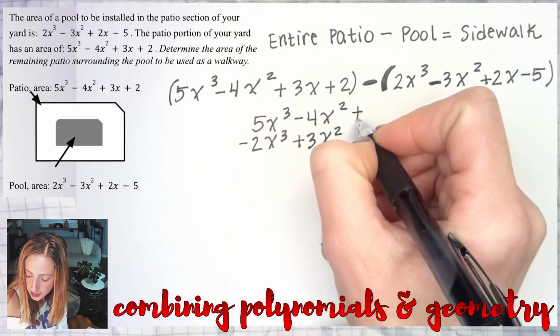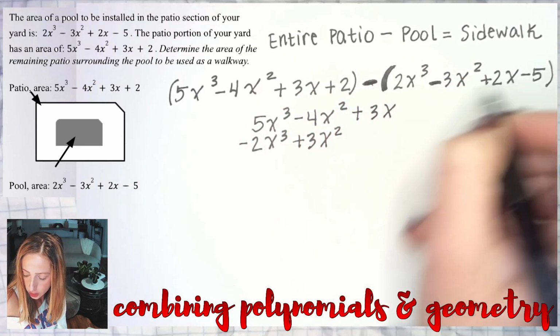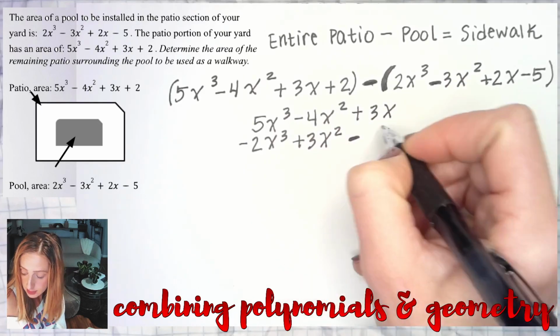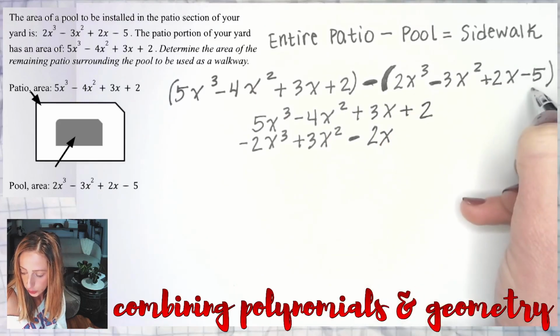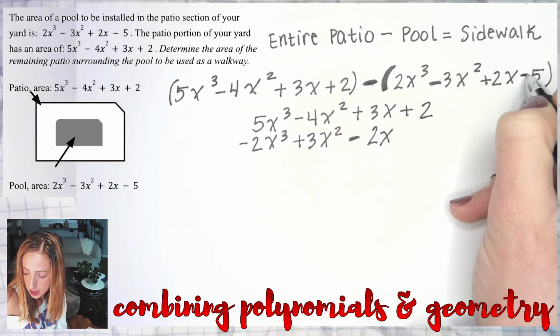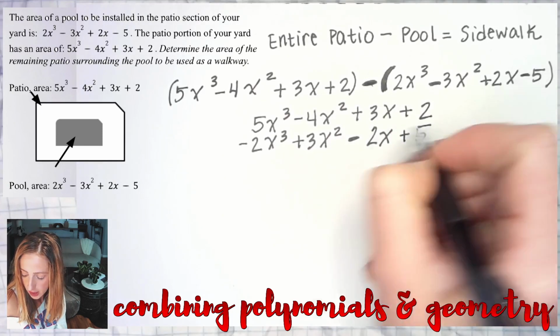Next up, plus 3x minus a positive 2x, so that becomes minus 2x. Next up, plus 2 minus a -5. Minus negative becomes plus 5.